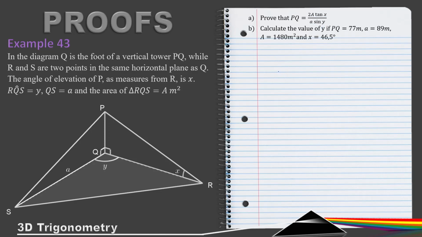All right, now, like we've done with the proofs in 2D trigonometry, we used a link, and we're going to do the same here. This one is slightly different because now it all of a sudden includes an area. So this triangle has an area, and we know from the area of a triangle, when it's not a right angle triangle, we need two sides with an included angle. So far we've got this side, this angle, so we kind of need this side.